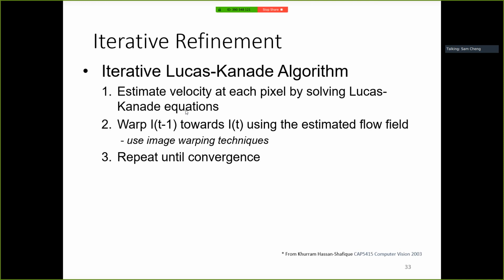So let's say I try to find the solution of the warping, the displacement for the entire image now. Then I can repeat this. Basically now I know each of the pixels is supposed to move from here to there. Then I can just take the first image and warp that image to that new location.